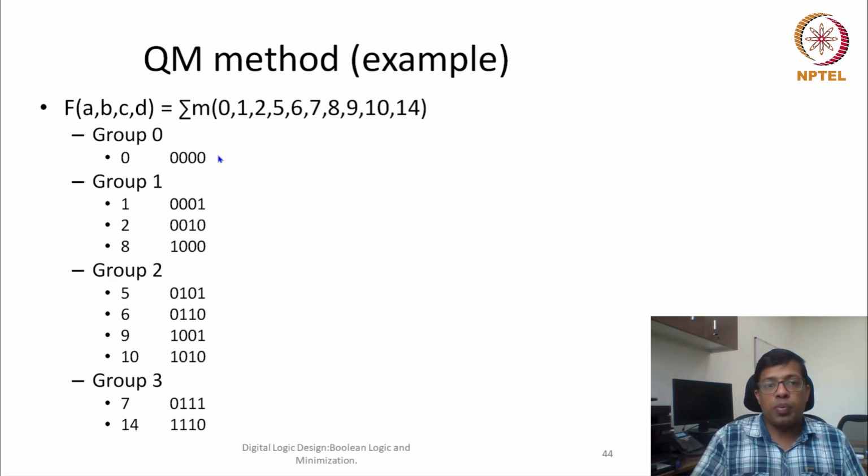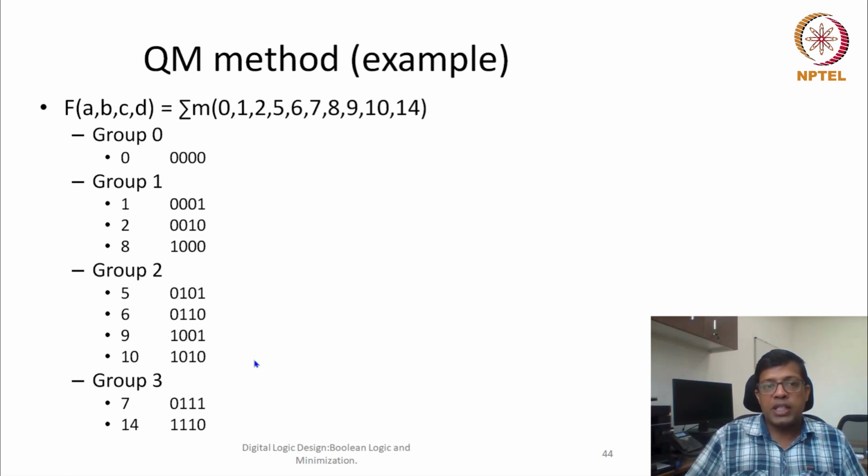That means there is no possibility of grouping between non-adjacent groups in this method. So group 0 can only combine with group 1, and group 1 can only combine with group 2. Group 0 has already been done, so we can discard that. Each group can compare with the next group. This is how we can combine, and each time we are reducing one particular variable.